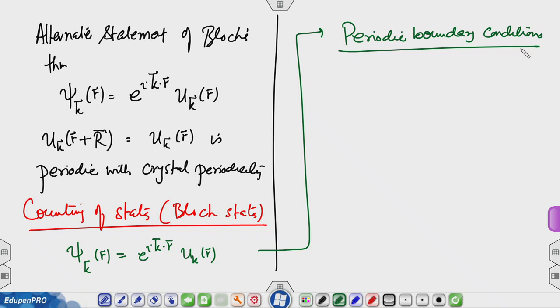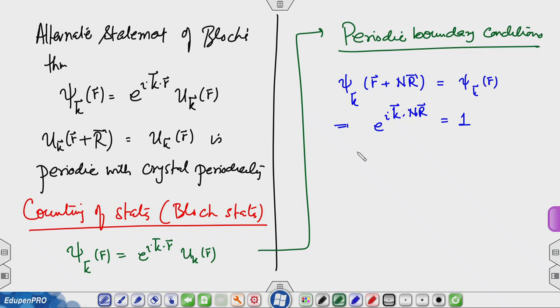There is an e raised to i k dot r function, so periodic boundary conditions come in handy, and we say that psi k of r plus some n r is equal to psi k of r, and this gives you e raised to i k dot n r equals 1.